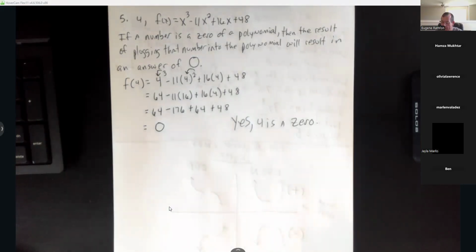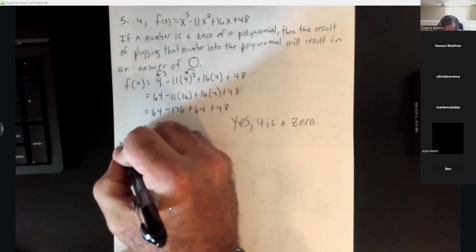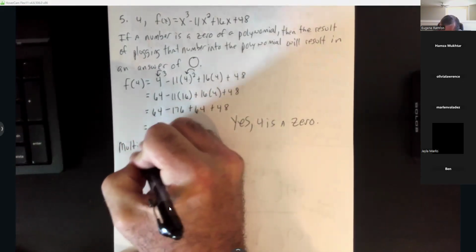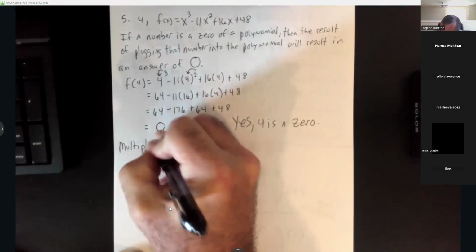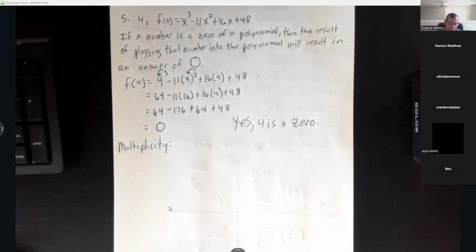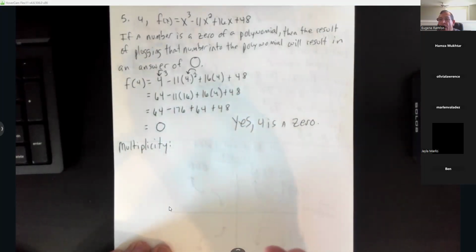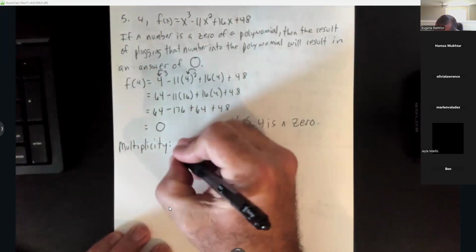All right, y'all, so new words. We know what a 0 is, but what about this one? Multiplicity. So y'all, here's what a multiplicity is. The multiplicity is the number of times that a zero occurs.